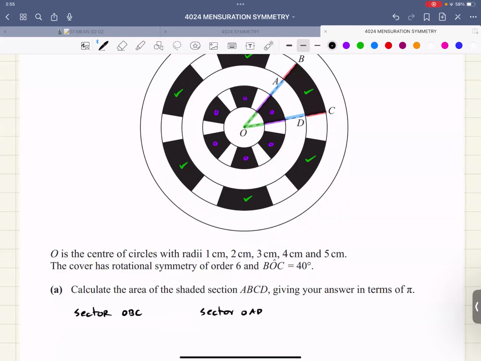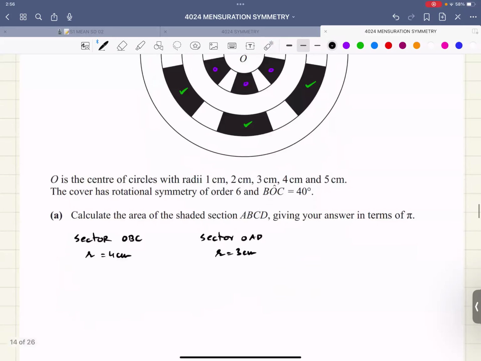So for OBC, this is 1, 2, 3, 4 centimeters. And for OAD, this is 1, 2, and 3 centimeters. So this radius is 4 centimeters. This radius is 3 centimeters. The angle is 40 degrees. The angle is 40 degrees.